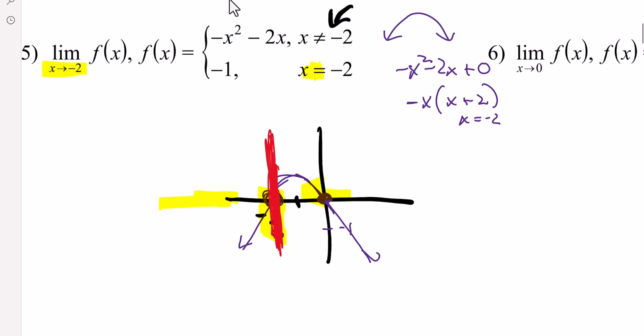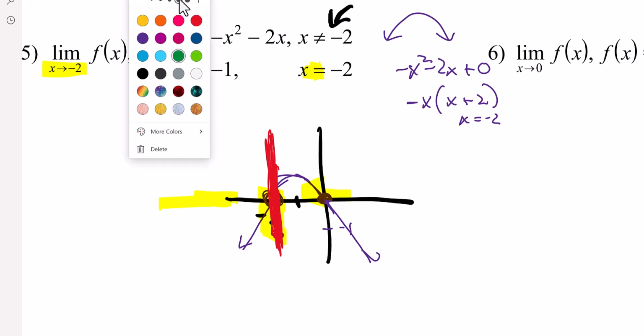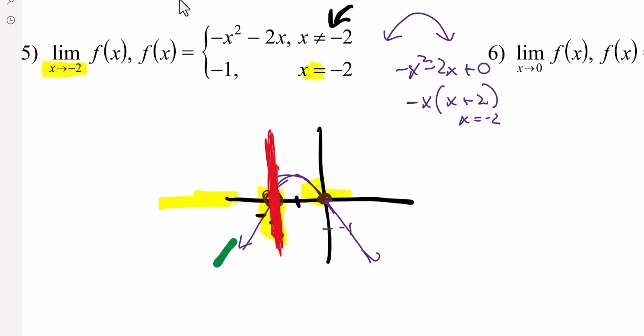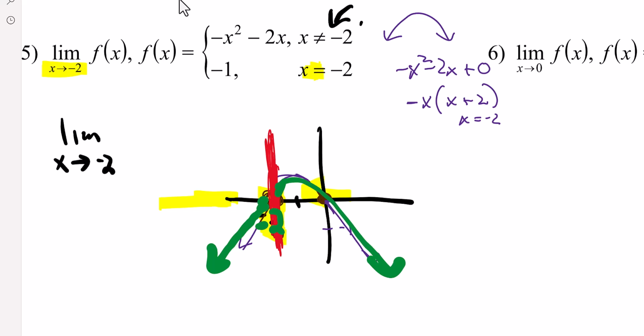So now look at what's happening. This graph is doing this. Look at that. So as we're approaching -2, that height is approaching 0. So the limit as x approaches -2, we know we're going to use this function.